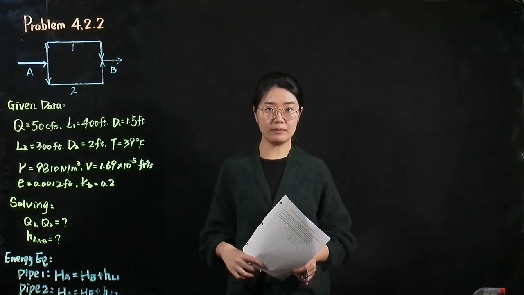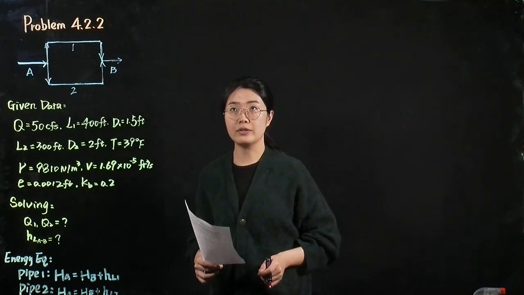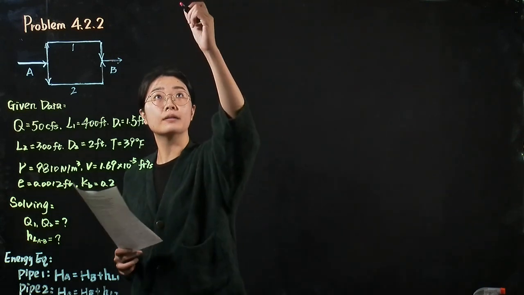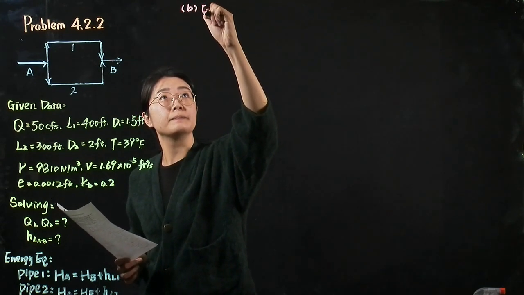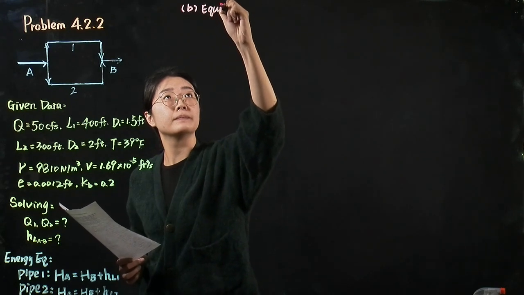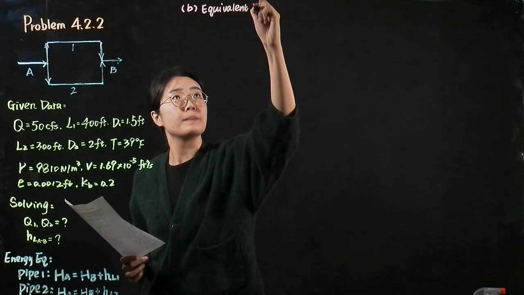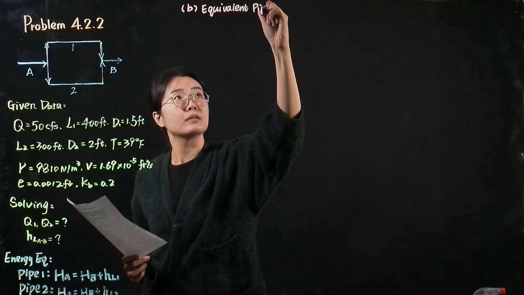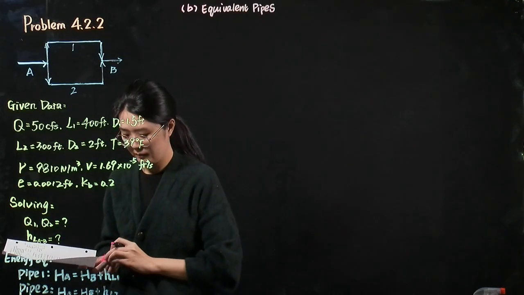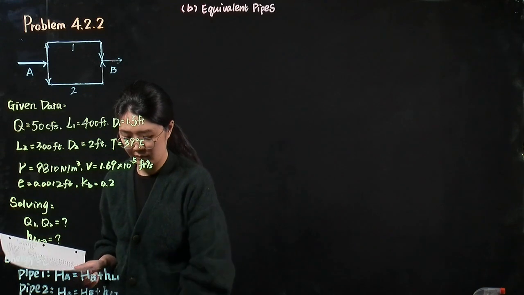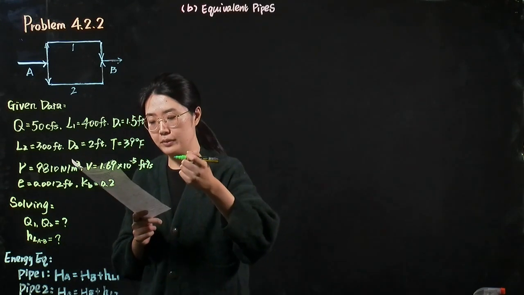After solving this problem by applying Hardy-Cross principles, let's try the method of equivalent pipes. Finally, we have three unknowns.